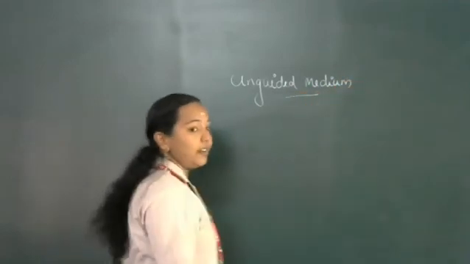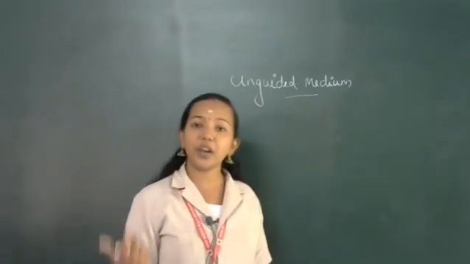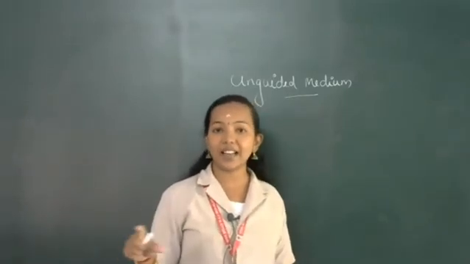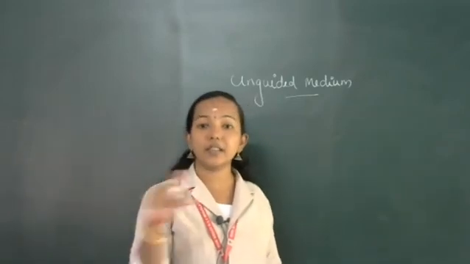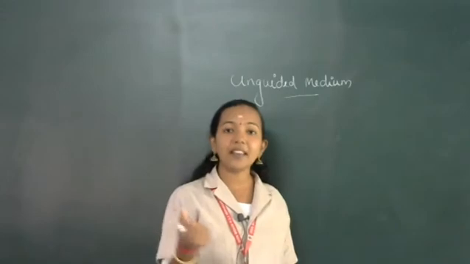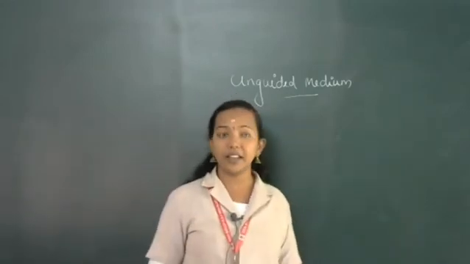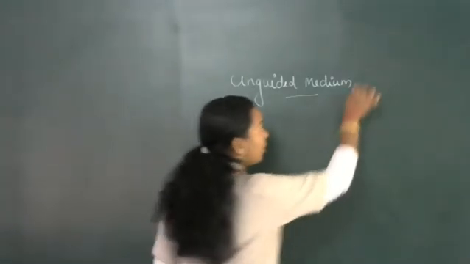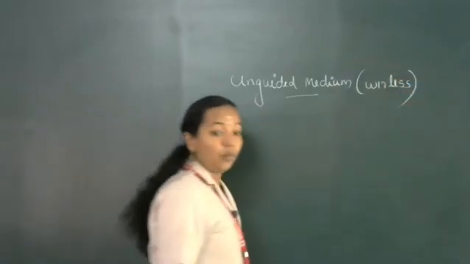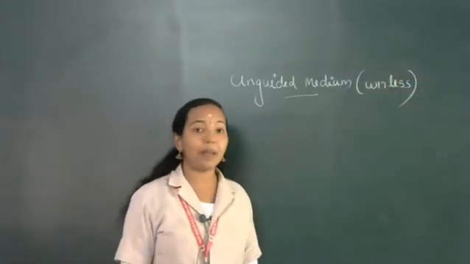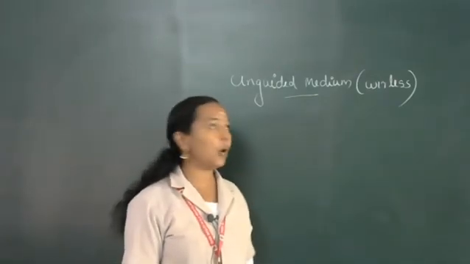Here, unguided medium means there is no boundary. If we are using wires for transferring data, there will be a cover, that means the transmitting path is enclosed by an insulator, and in between that we can send data and information. But in wireless transmission, there is no special boundary limit.